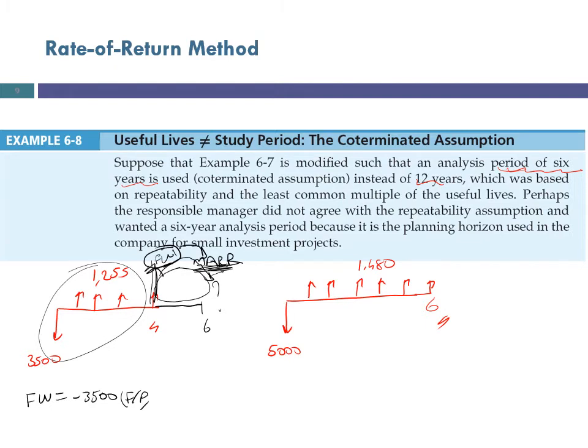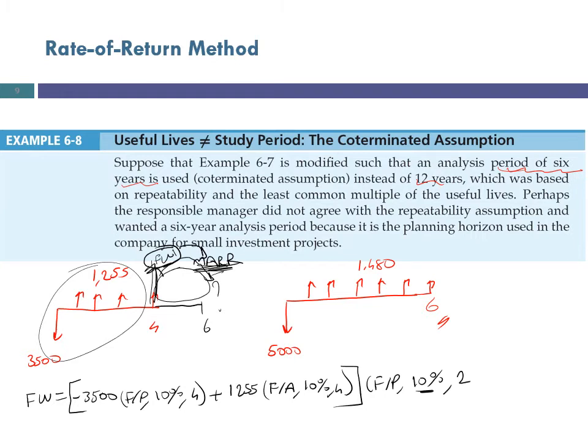So this will be F given P, 10% is the MARR, and 4, plus this uniform payment amount, F given A, 10% and 4. Okay, so this is the future worth at time 4. Now I'm going to shift this one to time 6 by multiplying F given P, 10%. Again, this is MARR. I'm assuming that we can reinvest at MARR, 2 periods forward.